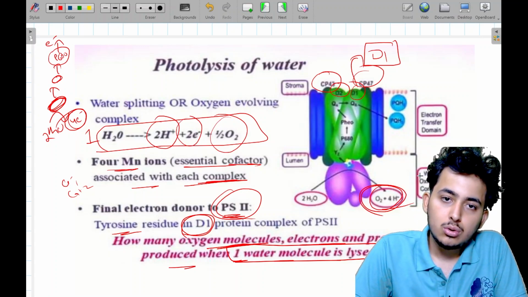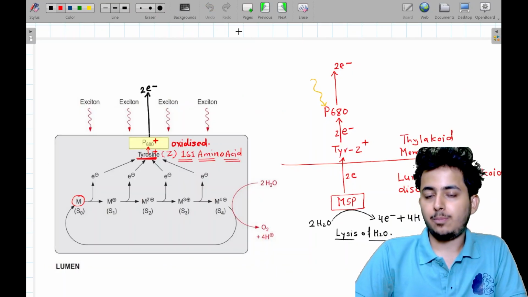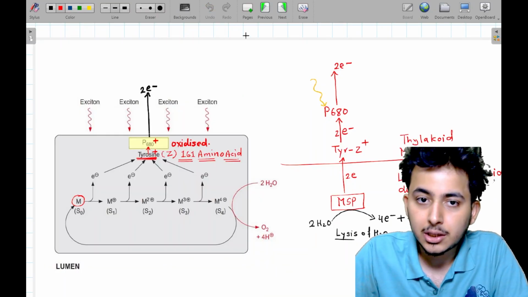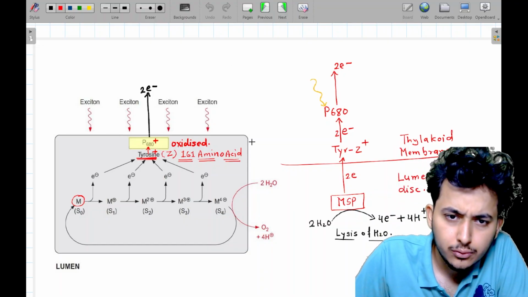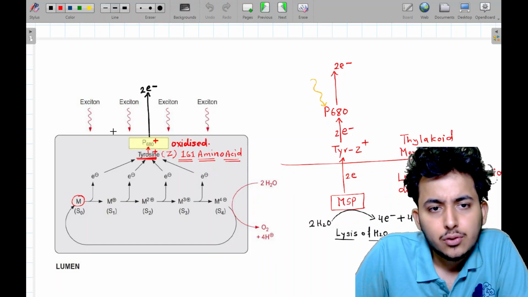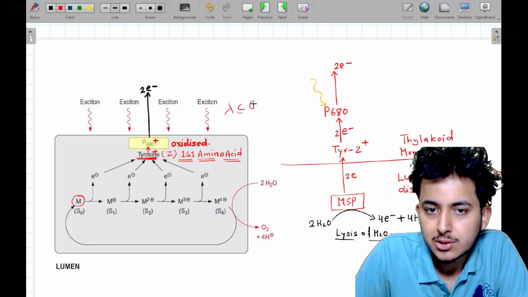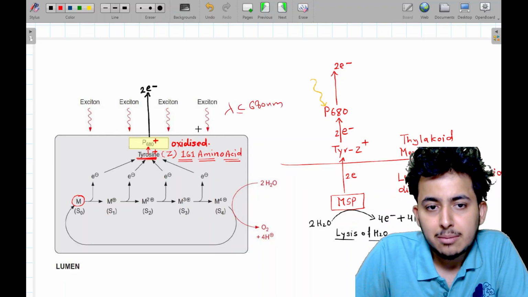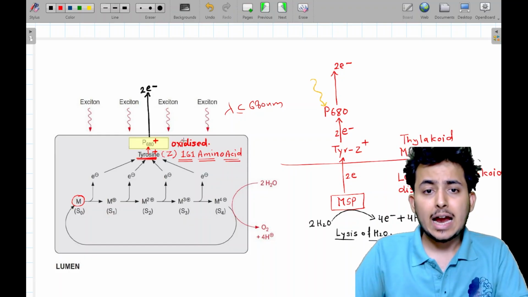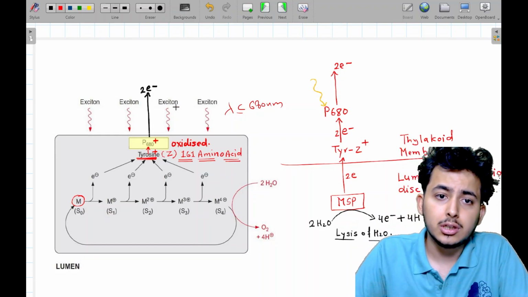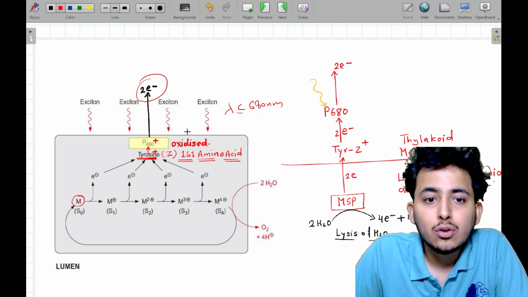So this is about the photolysis, and if we consider this process in detail, let's understand what I told in the previous slide. If you are exciting P680 with a lambda less than or equal to 680 nanometers, it is getting oxidized, it is getting electron deficient. Since it has given its electrons, it requires electrons.